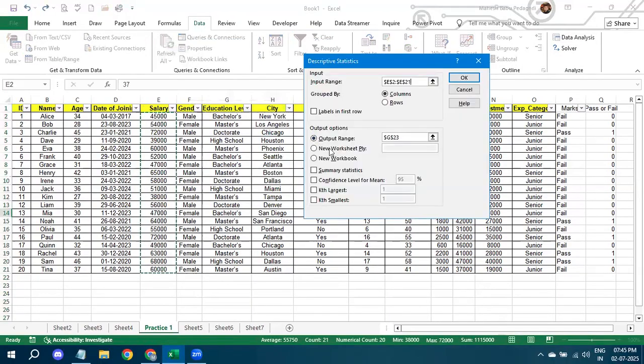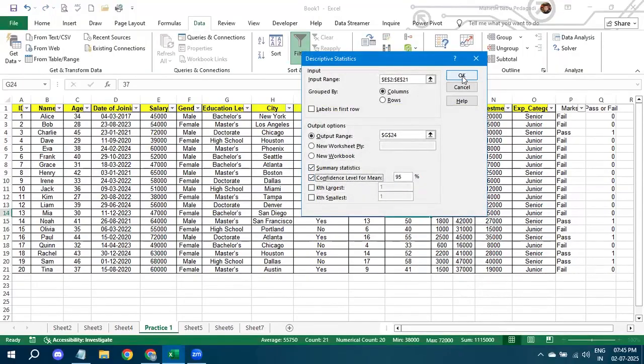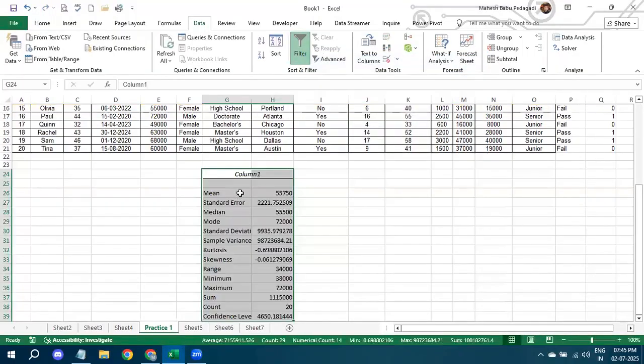I will select the range of data. We have to give summary statistics also. The output is summary statistics. If you want a confidence level, you can give that as well, and click on OK. This is for the individual column.